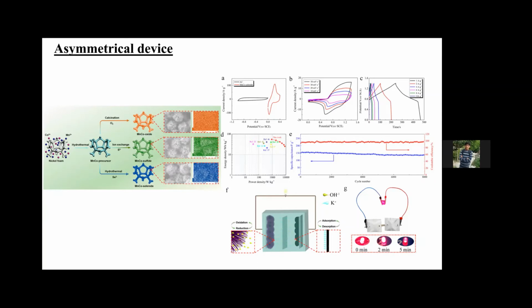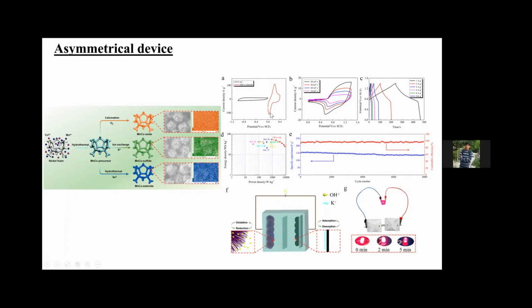Now suppose they want to make a cobalt manganese selenide and activated carbon based asymmetric device. Here we can see that the activated carbon shows symmetrical behavior, a very uniform current response. But in the case of the manganese selenide, we can see a sharp peak, which means a high current is achieved.